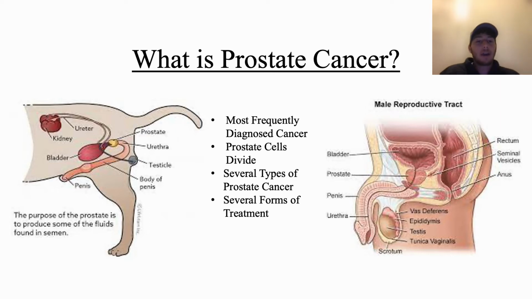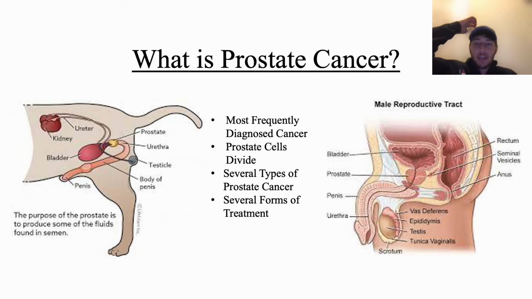Acinar adenocarcinoma and ductal adenocarcinoma are usually cancers that developed in the glands that line the prostate, or cancers that start in cells that line the ducts or tubules of the prostate. These types of prostate cancer, adenocarcinoma, are the most common type. Mostly everyone with prostate cancer has this type. Also, ductal adenocarcinoma grows way more rapidly than acinar adenocarcinoma.